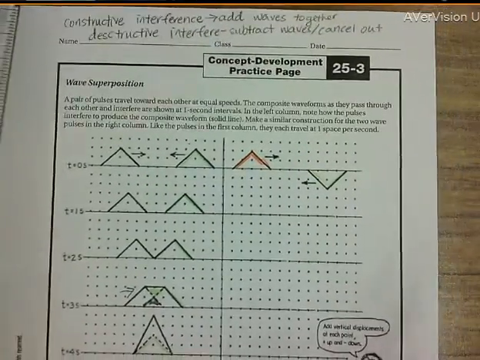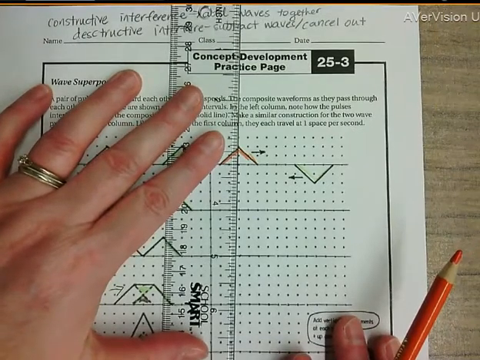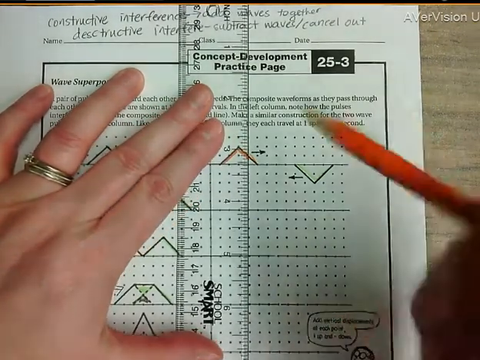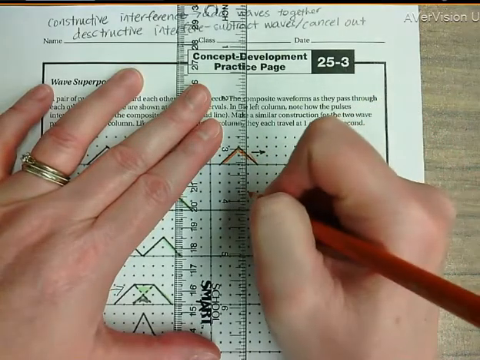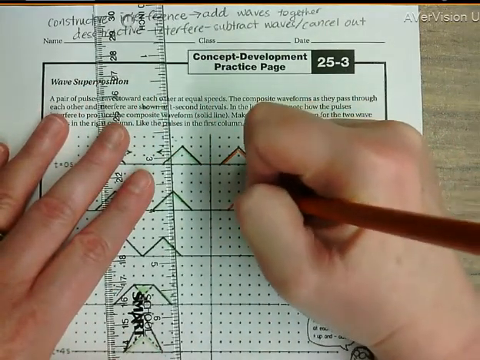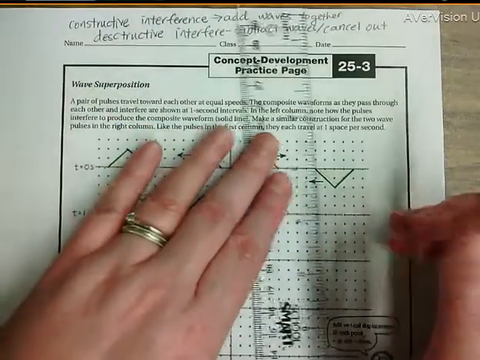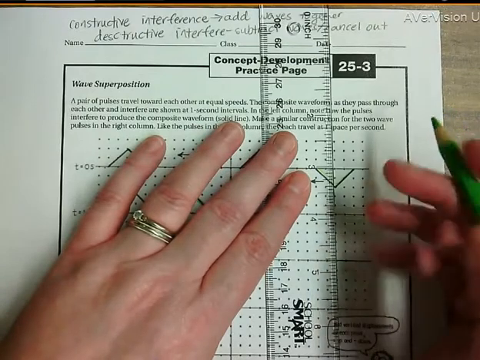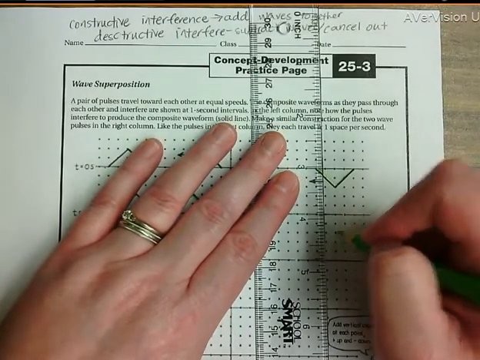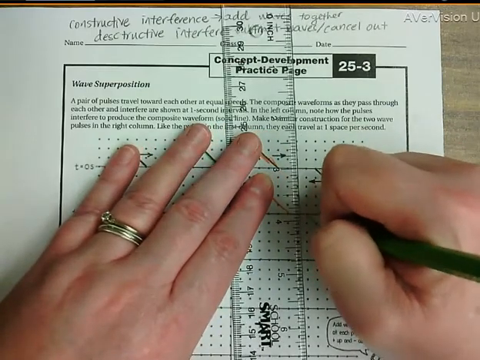So the red one is going to move over one, and it's too high, so it's here, and it's going to be like that. My green one is underneath, and it has moved one, so now it is here and here.